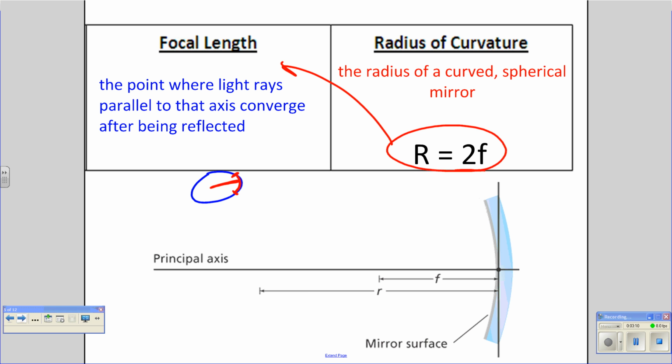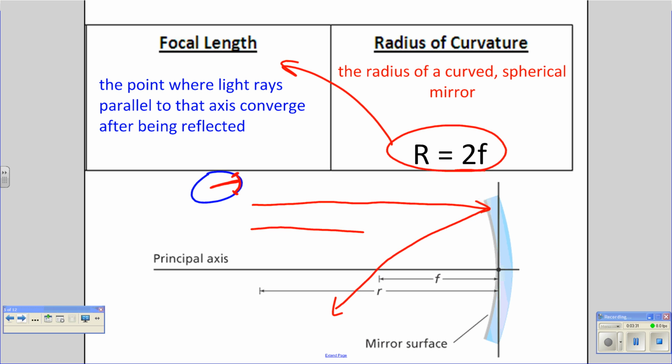The focal length is the point where any light ray that comes in parallel goes through. There's a point on the principal axis where any light coming in parallel, so if this is a light ray, it's going to bounce off the mirror and go through the focal point.